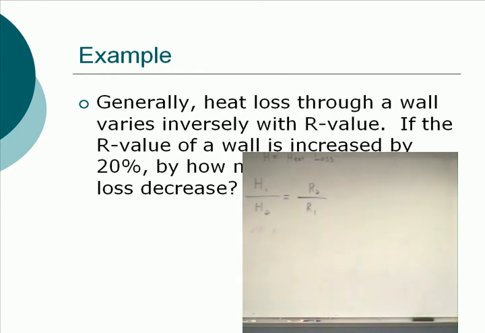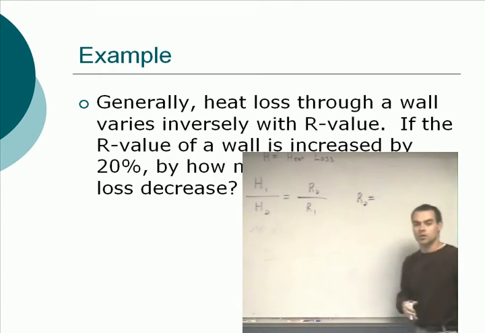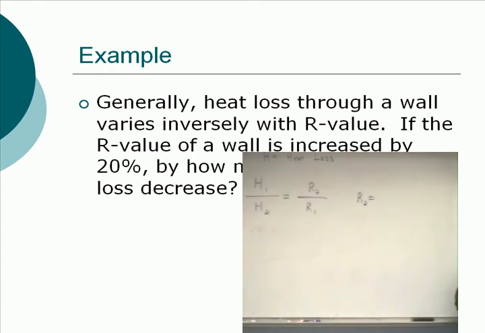Okay? Well, what's the second thing that you're told? You're going to increase your R value by 20%. So kind of like before, our new R value, R2, is going to be in what in relation to R1? It's going to be 20% greater.